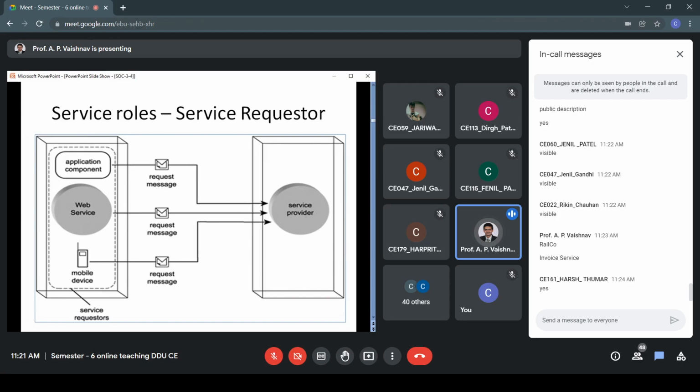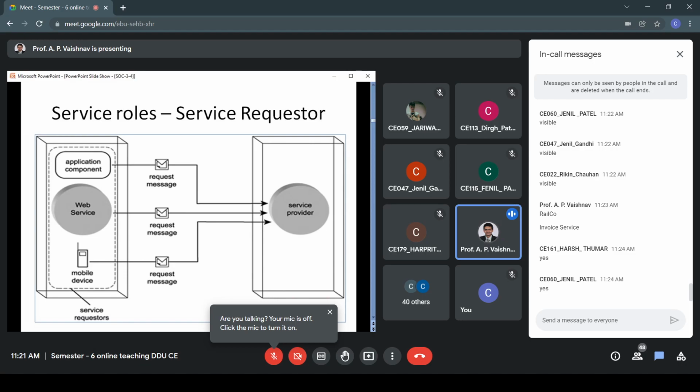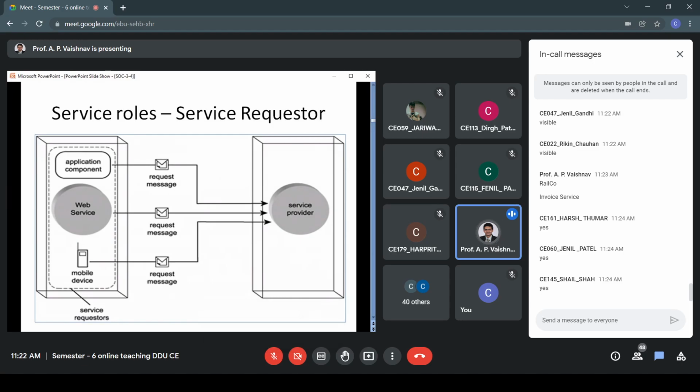But can we also have mobile client requesting a service? Like when we consume the weather services, Google Map services, we are using it from mobile, right? Yes or no? So in that case, you are acting as a client using a mobile device, but your service is hosted somewhere, right, as a provider.